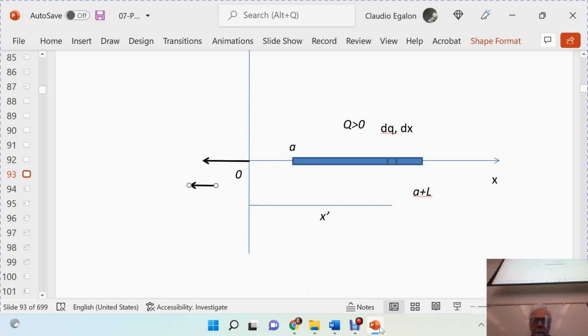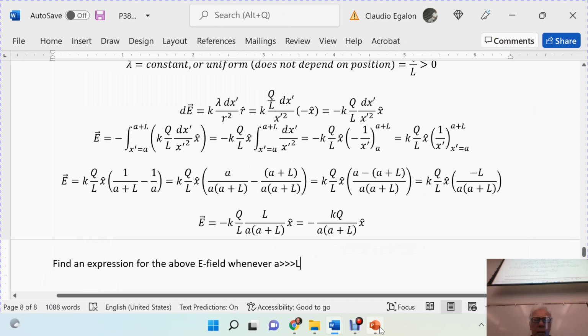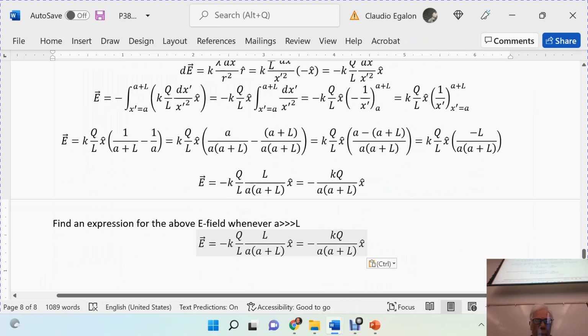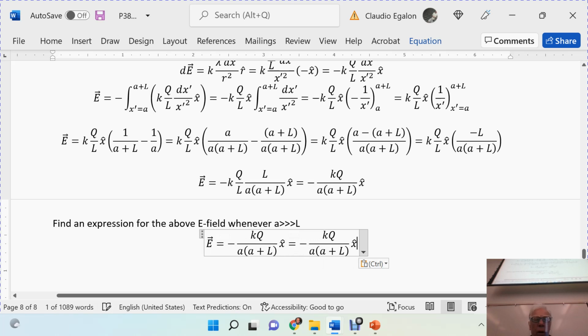And let's see what happens to that equation. If A is much greater, what is it going to get? So here you go, we can come up with a nice approximation just by doing the same thing that we did before.